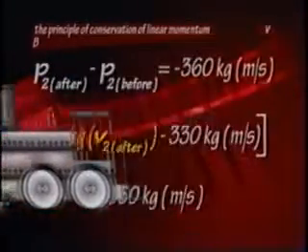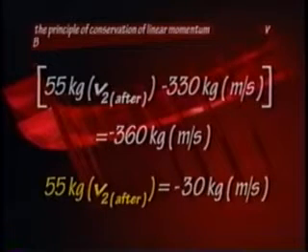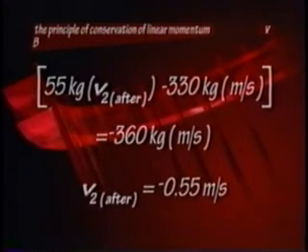Plugging and chugging, we have 55 kilograms times the velocity of player 2 after, minus 330 kilogram meters per second equals negative 360 kilogram meters per second. That's 55 kilograms times V2 after equals negative 30 kilogram meters per second. And solving for V2 after, we get negative 0.